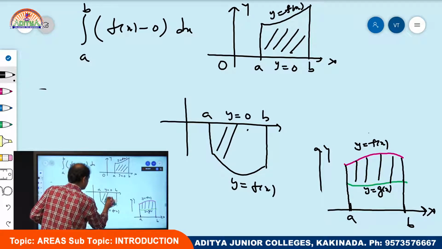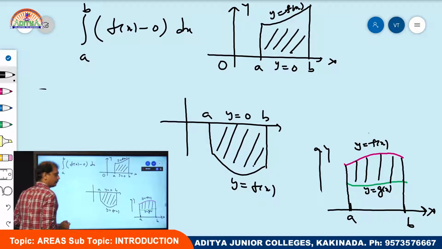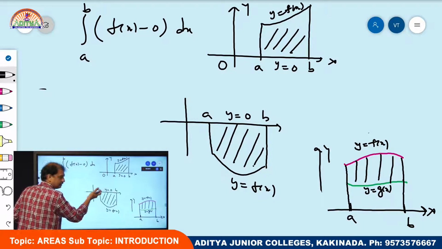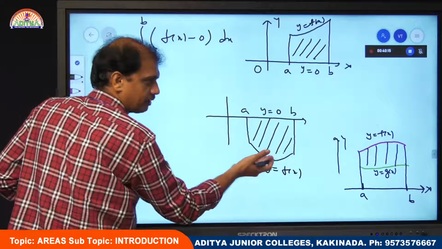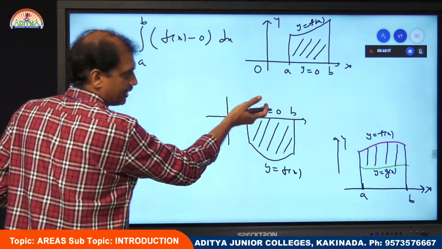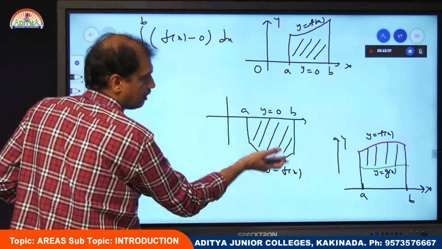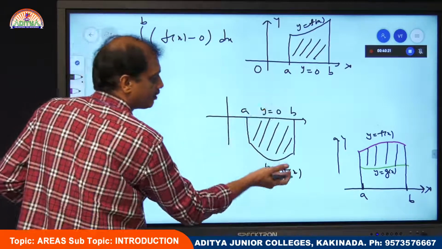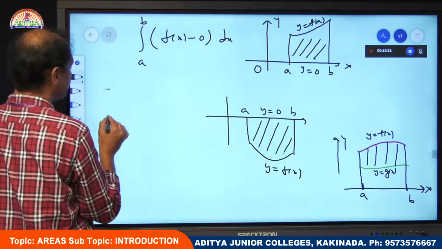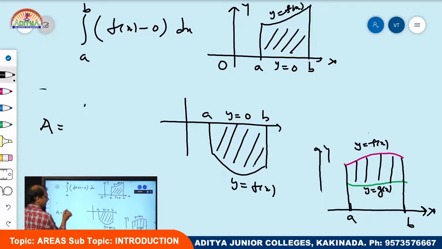Now, in this case, if you treat the x-axis as a curve, and they already gave the curve y equal to f of x, what is the area between y equal to 0 and y equal to f of x? Now, y equal to 0 is the upper curve and y equal to f of x is the lower curve. Therefore, in this case, the area is nothing but integral a to b of 0 minus f of x.